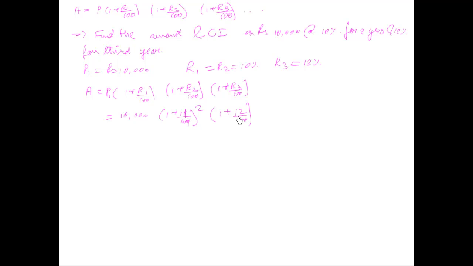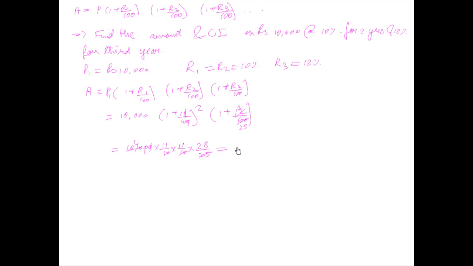Children, this will cancel with this, cancels with 4, 25 times, cancels with 4, 3 times. That's 10,000 into 11 by 10 into 11 by 10 into 28 by 25. Children, these two zeros will cancel and this 25 will cancel this 4 times. So you're left with 121 times 4 times 28.